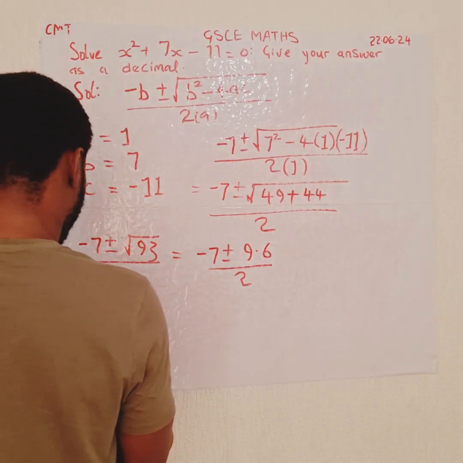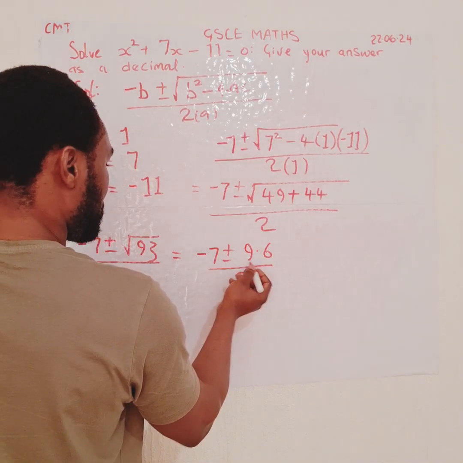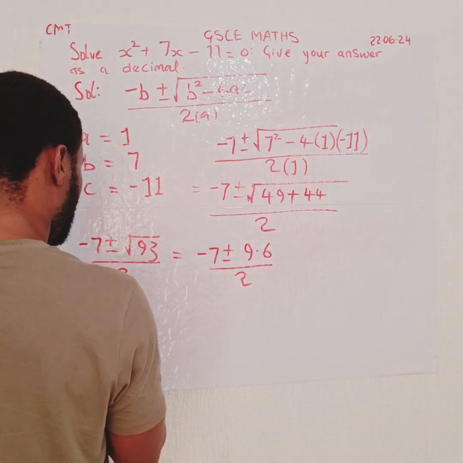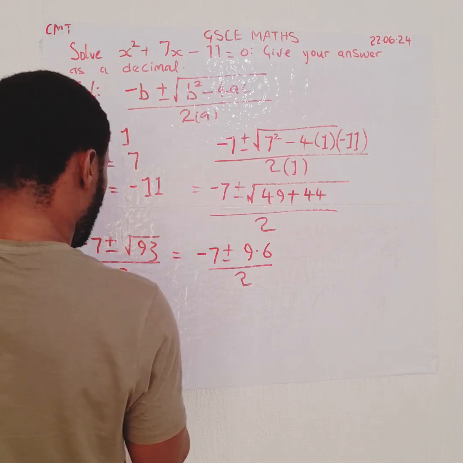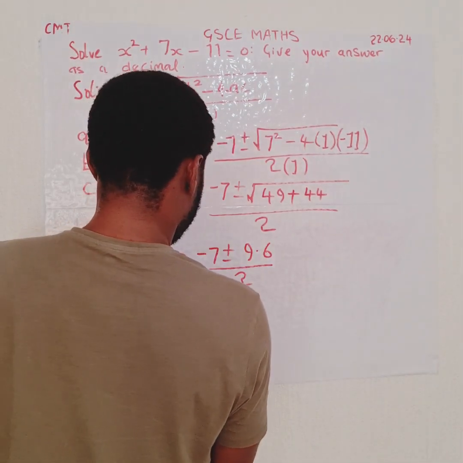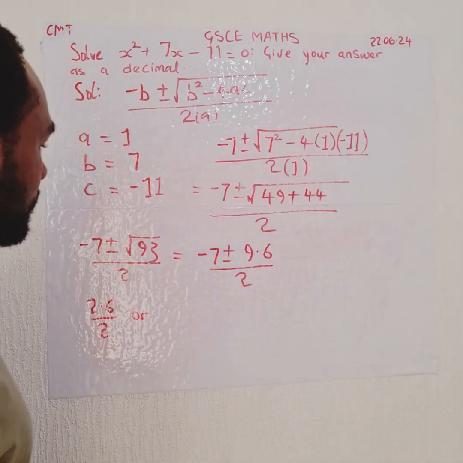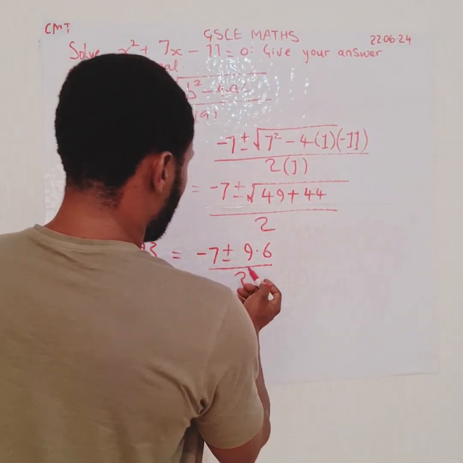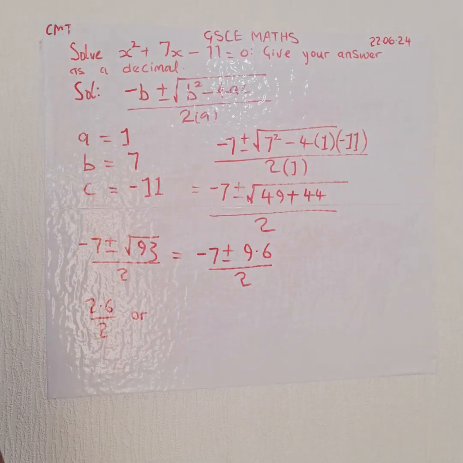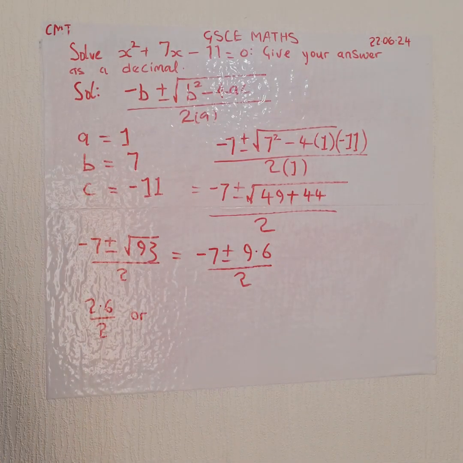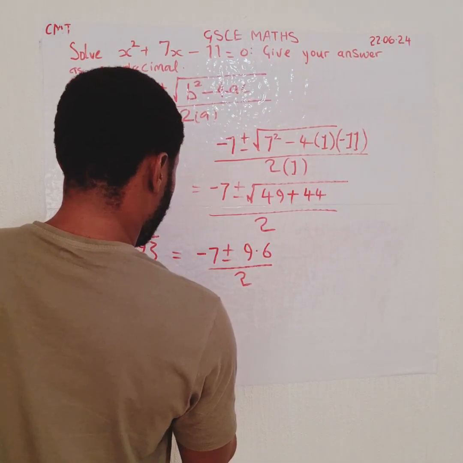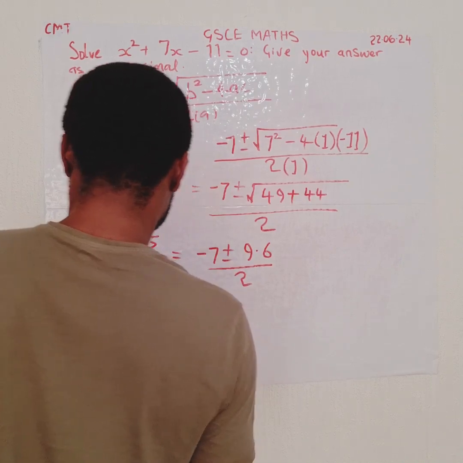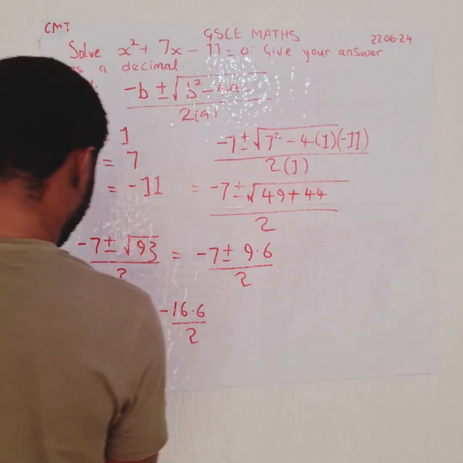So first, minus 7 plus 9.6 will give me 2.6 over 2, or minus 7 minus 9.6, that's minus 16.6 over 2.